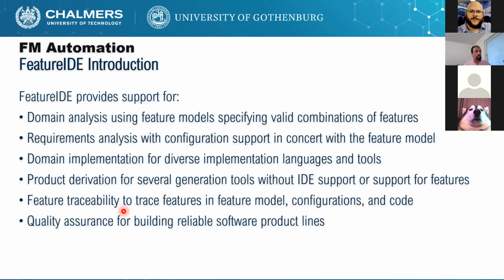Here, there is a feature traceability to trace features in the feature model, configuration, and code. Feature traceability is important, and I believe Gregory will talk about traceability in product lines in some lectures. It helps you in quality assurance as well.